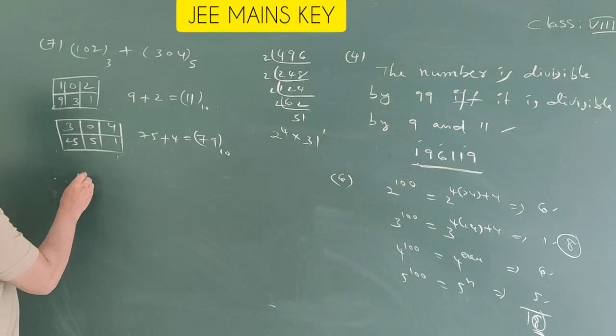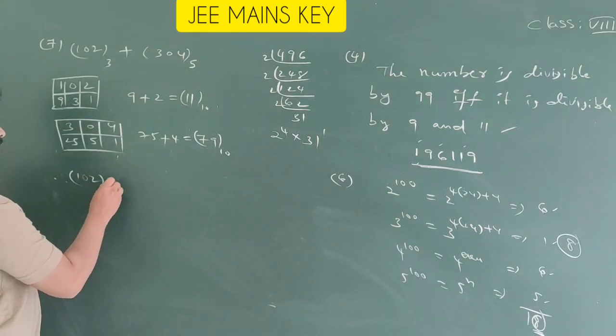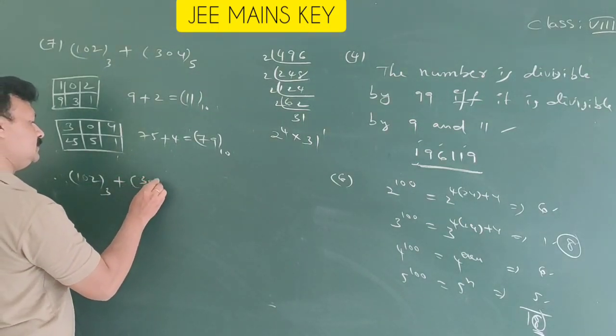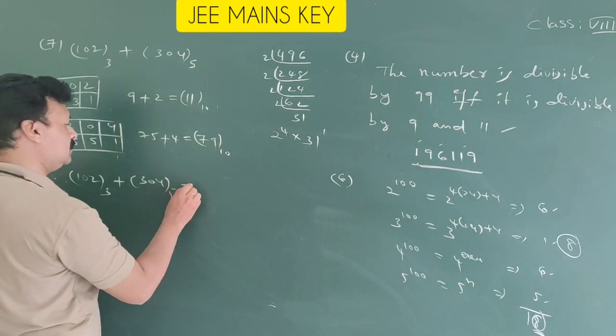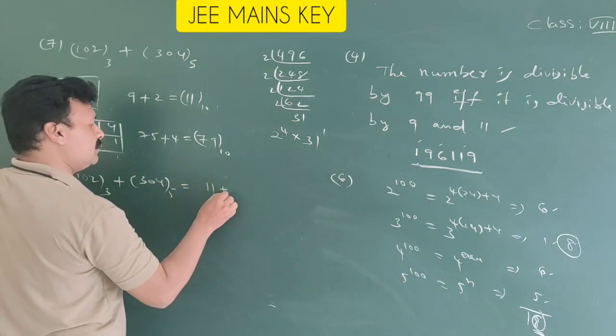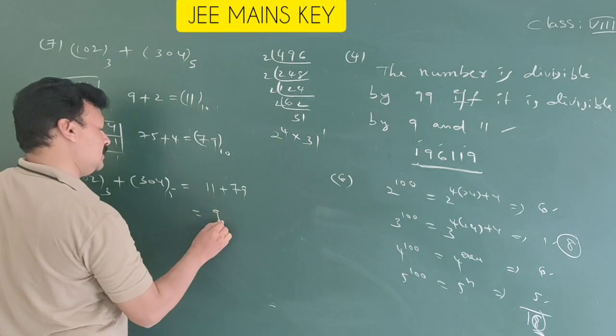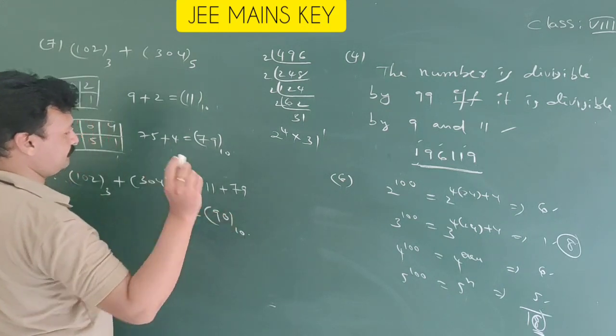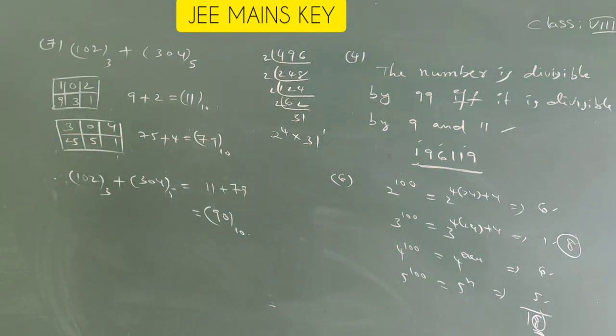Therefore, 102 to the base 3 plus 304 to the base 5 equals 11 plus 79, that is 90 to the base 10. 90 to the base 10 is the required one.